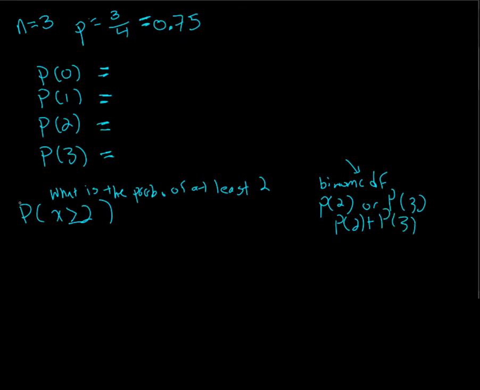2 or 3. And if you remember correctly, our ORs were additions. If our probability space is very, very large, and given the way the calculator uses a cumulative distribution function, for greater than or equal to's we want 1 minus the probability of x being less than 2. So what does that mean?